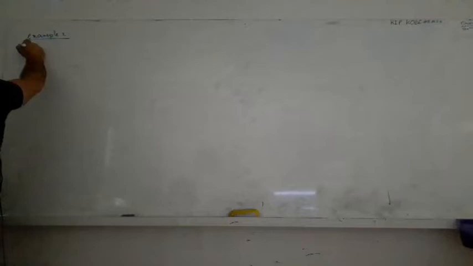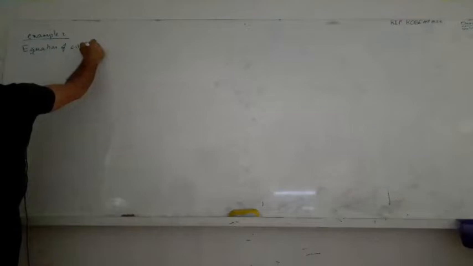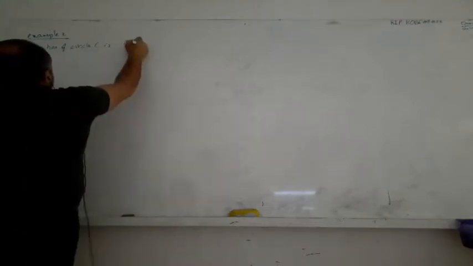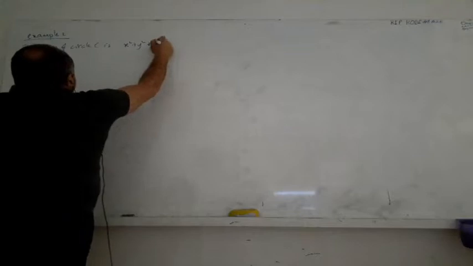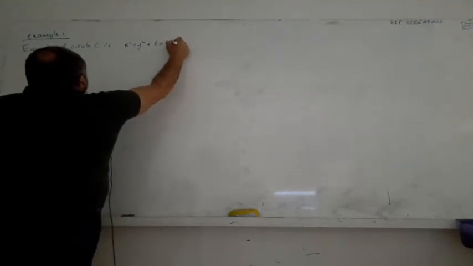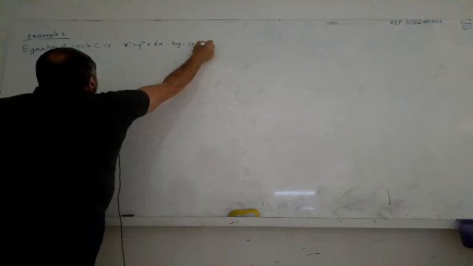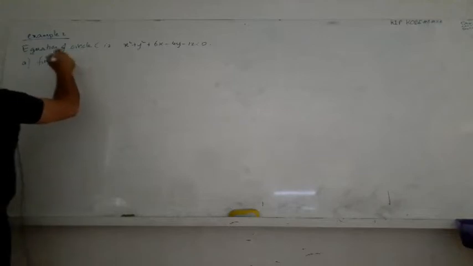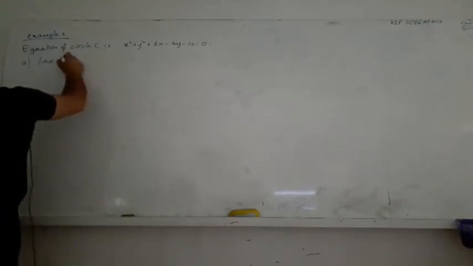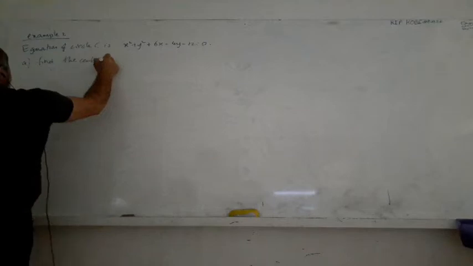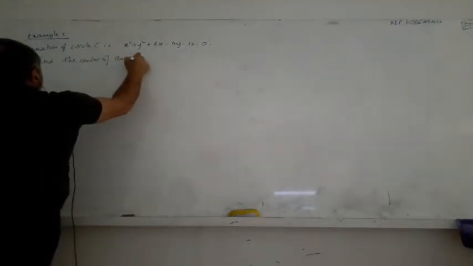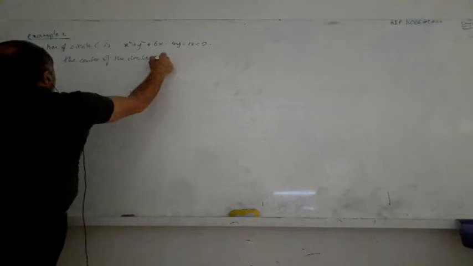Example 2. Equation of circle C is x squared plus y squared plus 6x minus 4y minus 12 is equal to 0. A. Find the center of the circle and radius r.